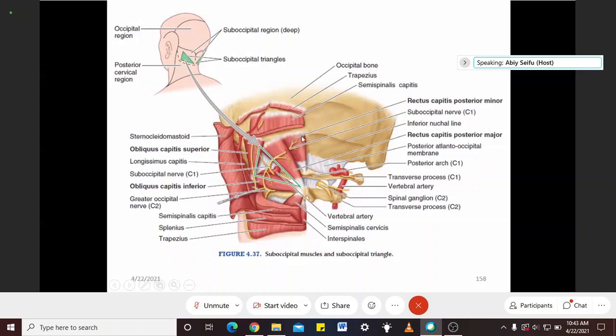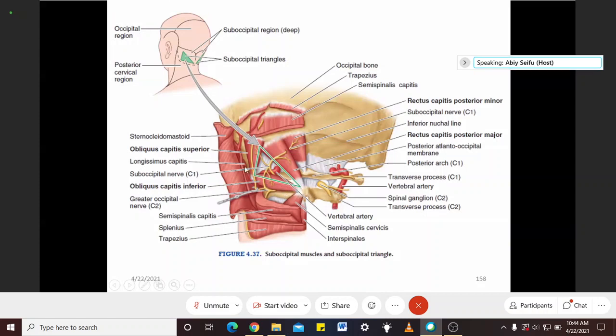Laterally, the nuchal line is used for the insertion of the major one, the rectus capitis posterior major, which originates from the spinous process of C2. This is the spinous process of C2, and it inserts on the lateral part of the inferior nuchal line.